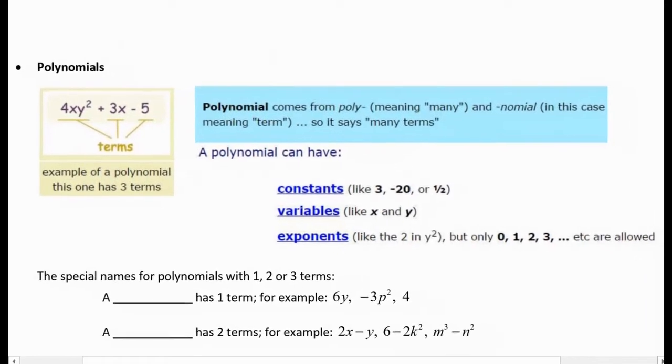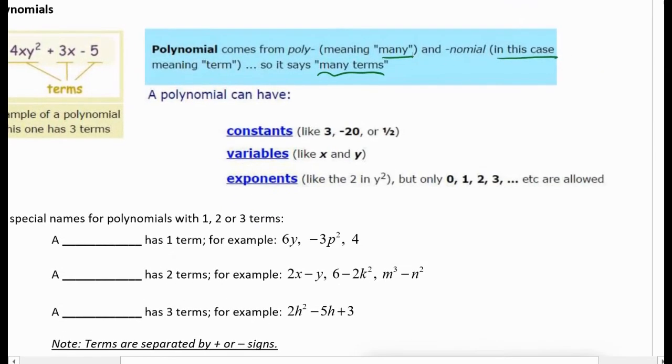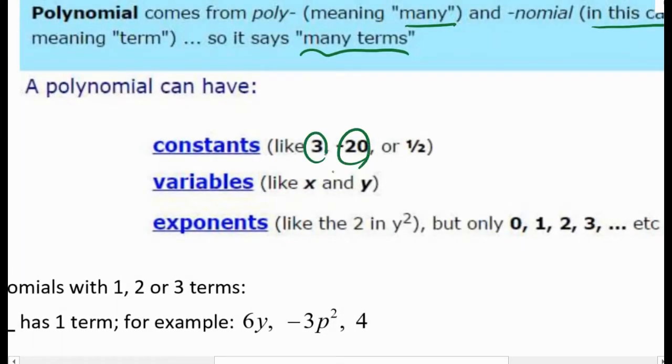Okay, so polynomials, polynomial comes from poly, meaning many, and nomial, terms. So it is many terms. So polynomial can have constant, variable, and exponents. Constant is a number without a variable. So if a number is not attaching to a variable, then that is a constant.